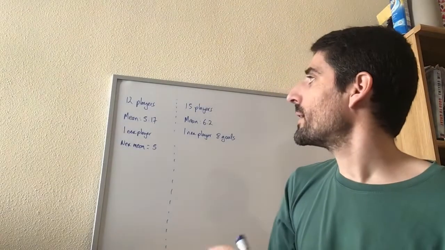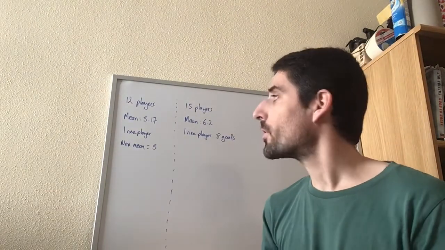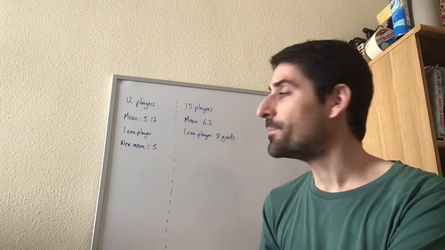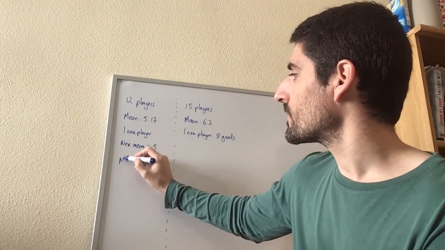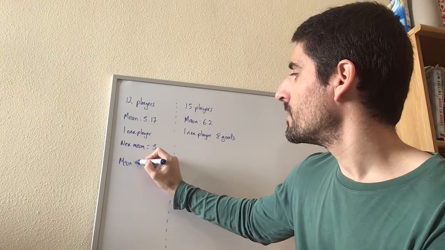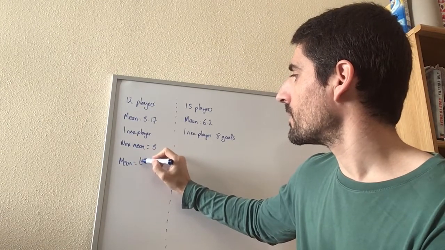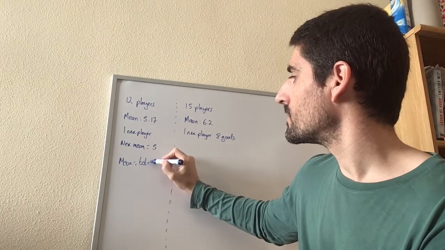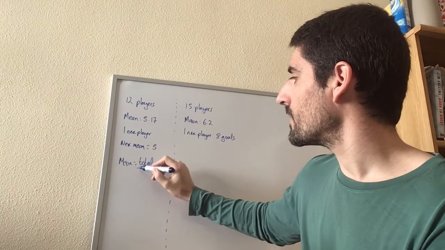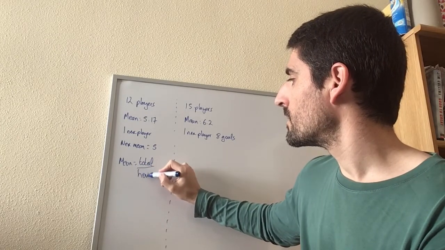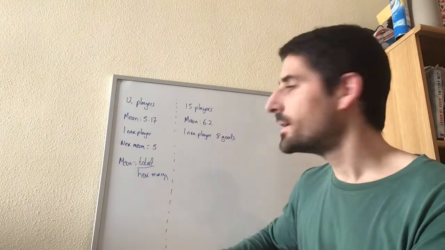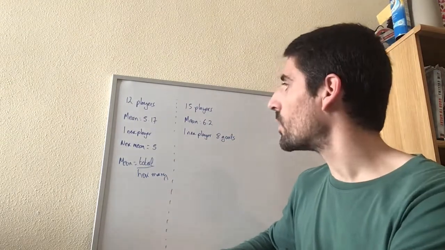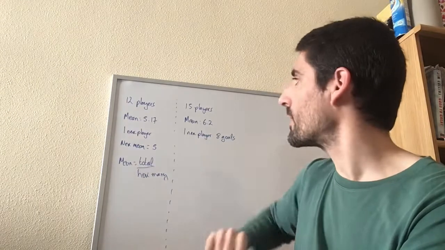Anyway, let's start with before the new player arrived. We had 12 players for a mean of 5.17. Remember, the mean is the total number of goals divided by how many. So if I rearrange that, how many goals did the team score before the new player arrived?